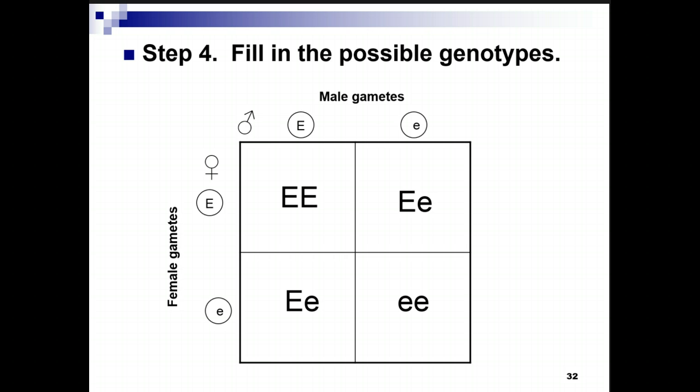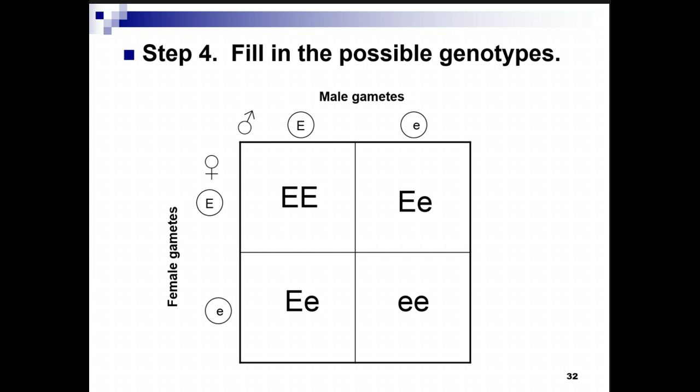For example, if a dominant sperm with a dominant allele for the earlobe gene fertilizes a dominant egg with the dominant version of this earlobe gene in it, then the offspring will be homozygous dominant. Remember, the sperm and egg are haploid, but when they fertilize, you get the diploid back.